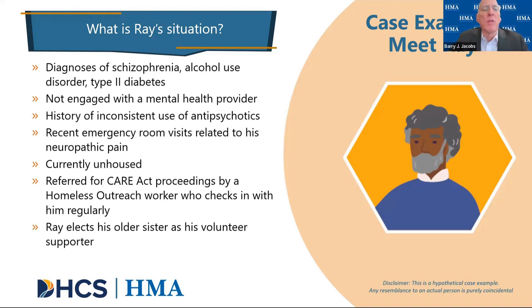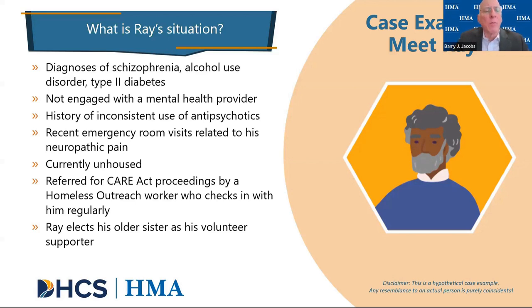His history is one of using atypical antipsychotics inconsistently. And as you likely know, this is not an unusual history. People don't like the side effects of antipsychotics, or maybe they have strong feelings about taking any medication. Recently, Ray has had a series of emergency room visits, specifically for his neuropathic foot pain, one of his diabetic complications, and he's been unhoused for some time.